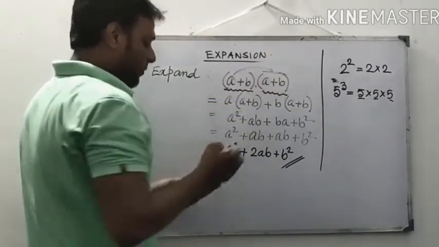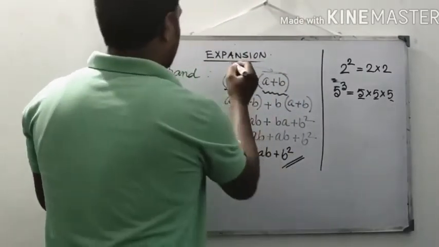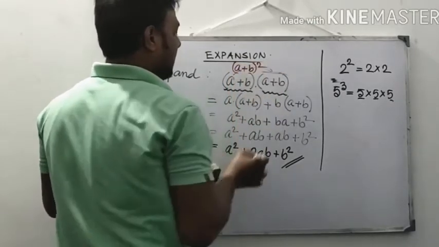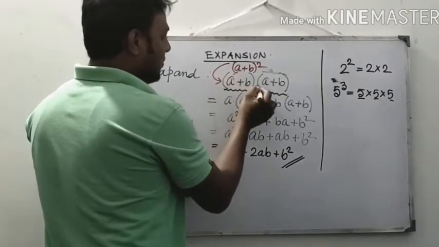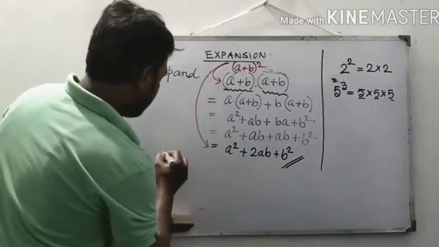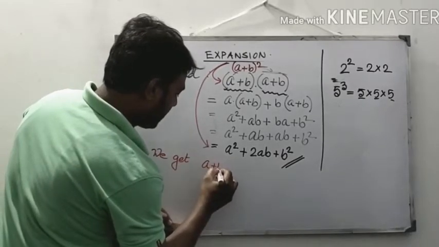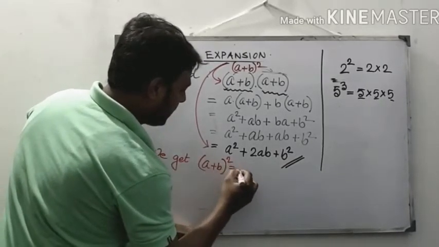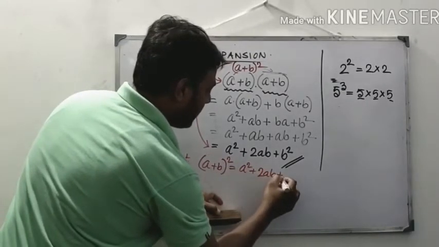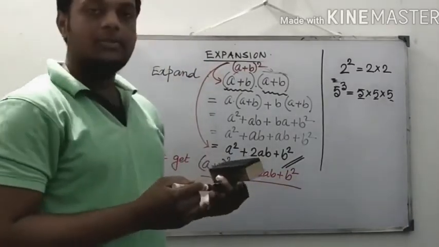So (a plus b) whole square means (a plus b) into (a plus b). The last line is this: (a plus b) whole square equals a square plus 2ab plus b square. This is the expanded form of (a plus b) whole square.